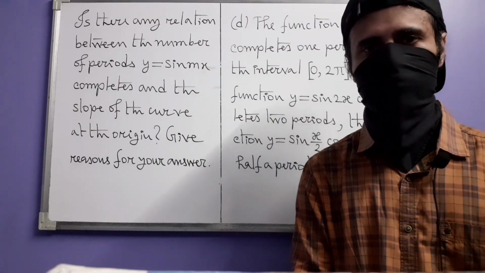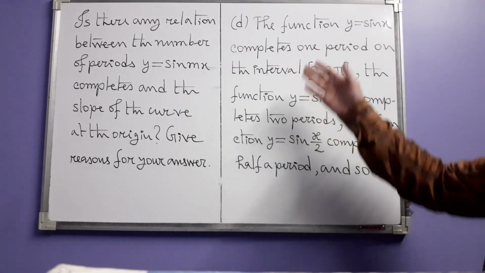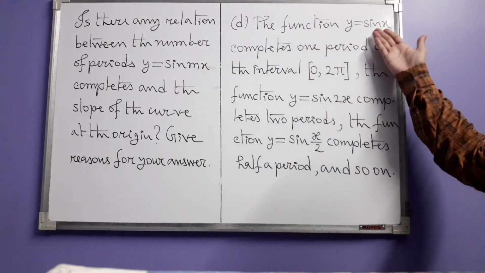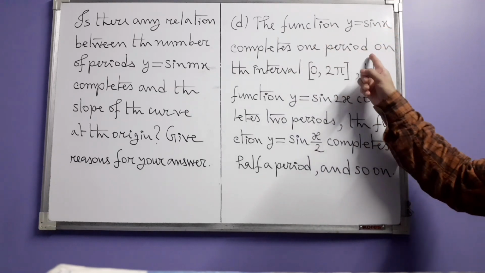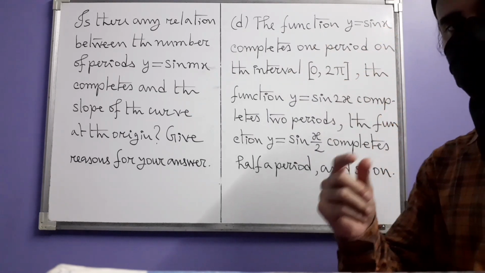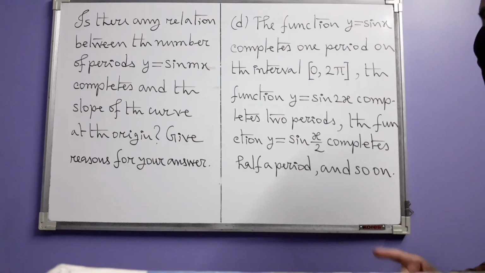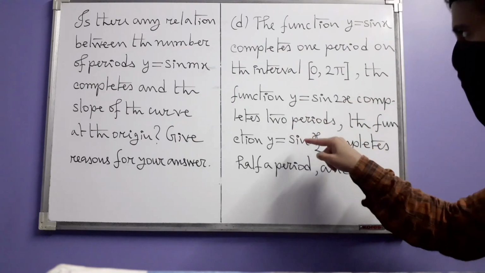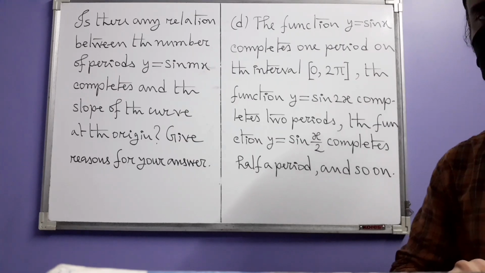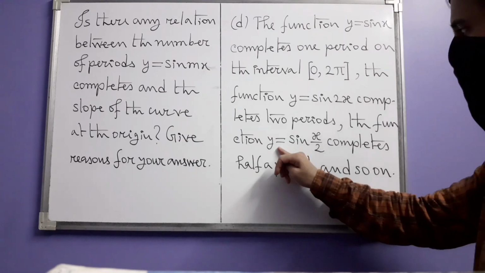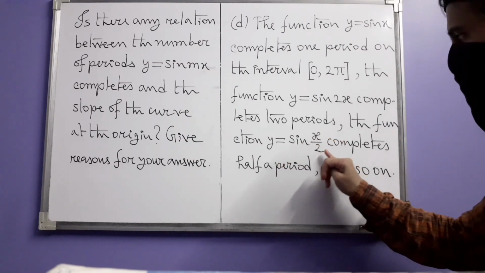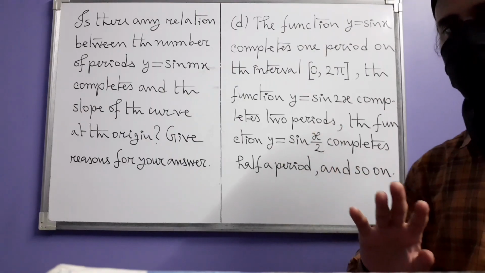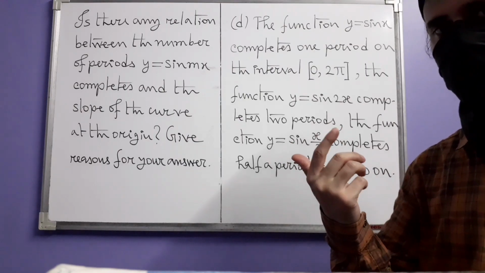And finally, we have part D, in which we consider the ordinary sine function. We know that it completes one period on the interval 0, 2 pi. Whereas in that same interval, the function y equal to sine 2x completes 2 periods. But the function y equal to sine x divided by 2 completes only 1/2 of a period, and so on.